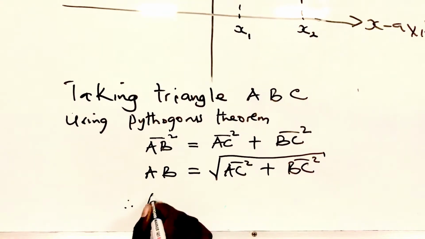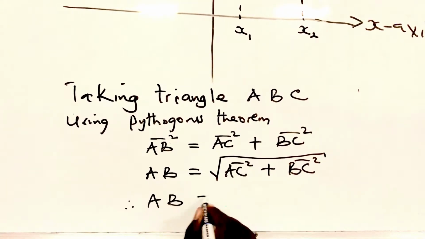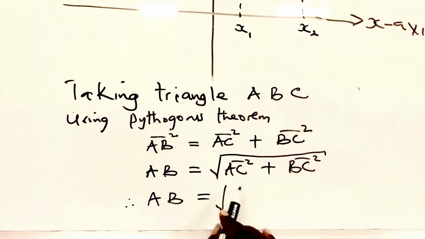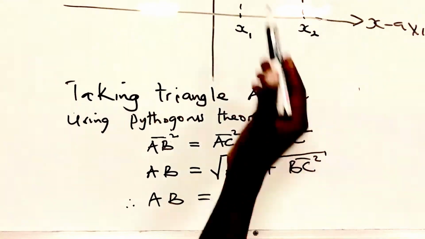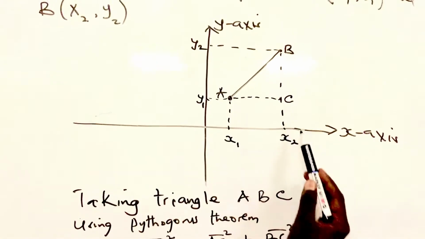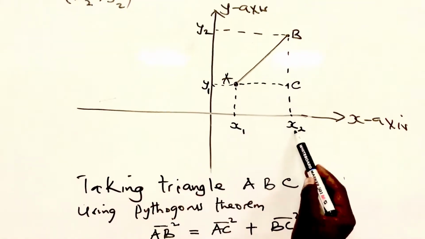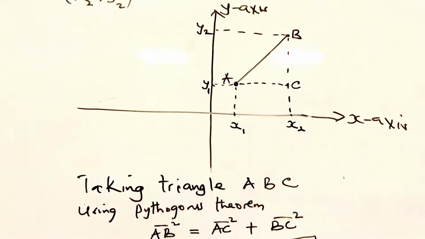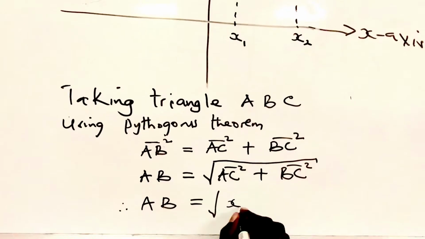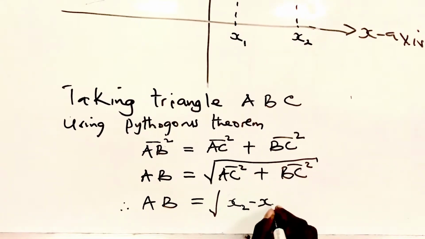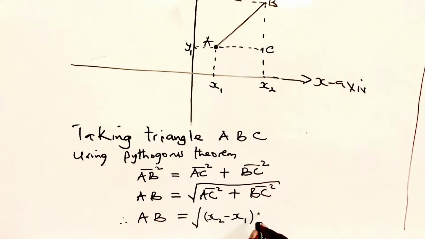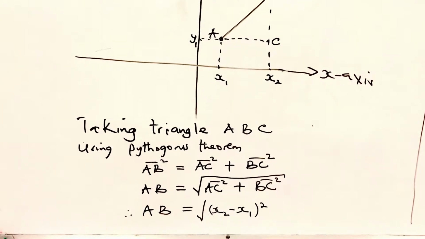Therefore, AB will be equal to the square root of AC, it means A to C. So we shall get x2 minus x1, which gives us the distance from A up to C, and it is squared.